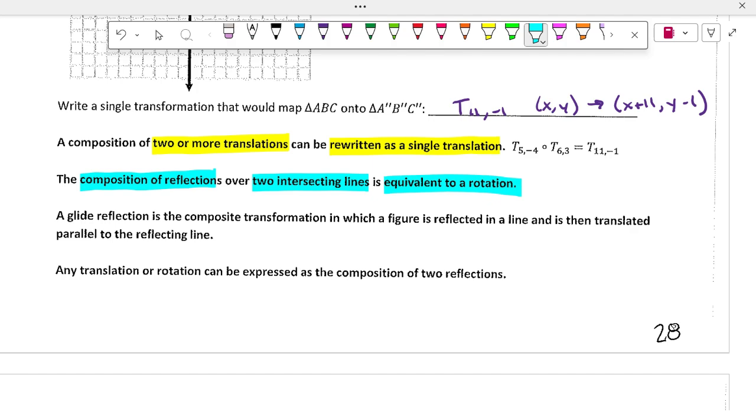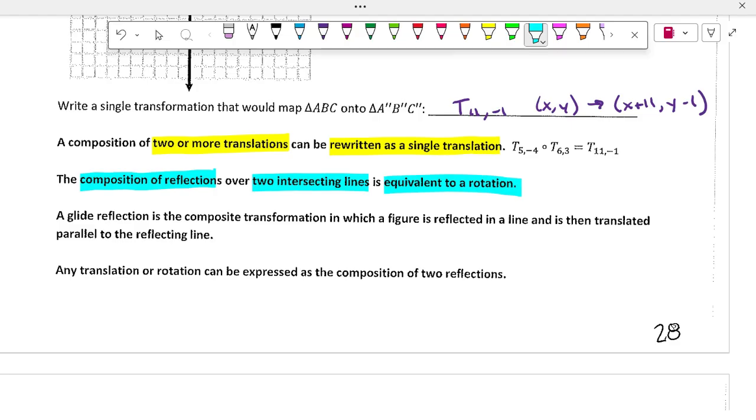So it would be 4, -4. That's your first transformation. Then I go over the line x equals 2. It's still 4, -4 though. I just graphed it wrong. All right.